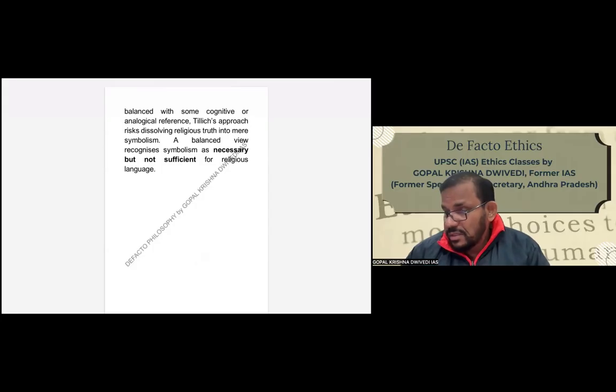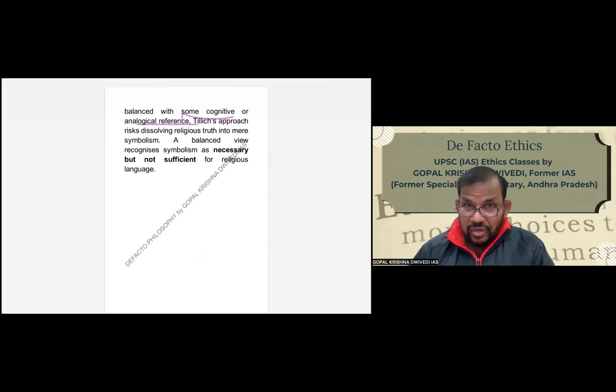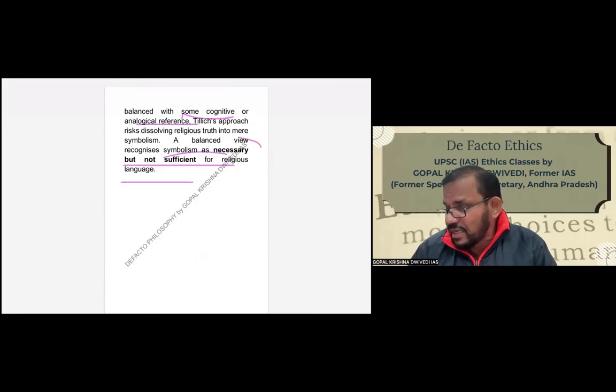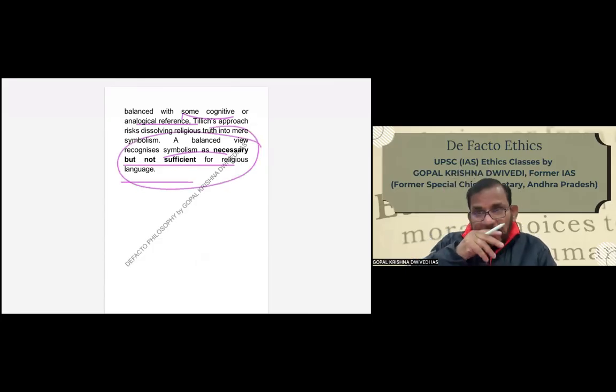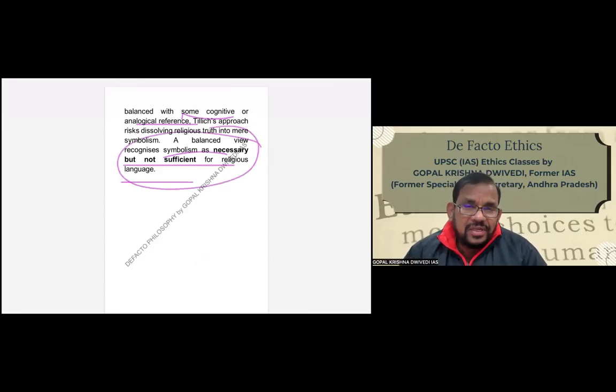But unless balanced with some cognitive or analogical references, which is also required, this approach risks dissolving religious truth into mere symbolism. So, a balanced view recognizes symbolism as necessary but not sufficient for religious language. So, this is the conclusion of Paul Tillich's theory.